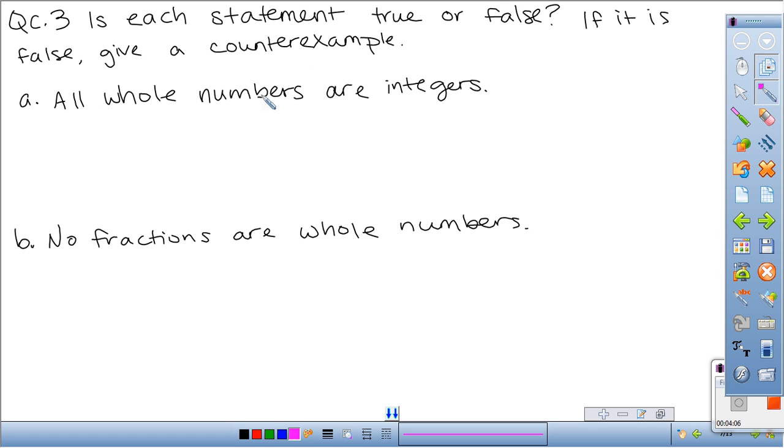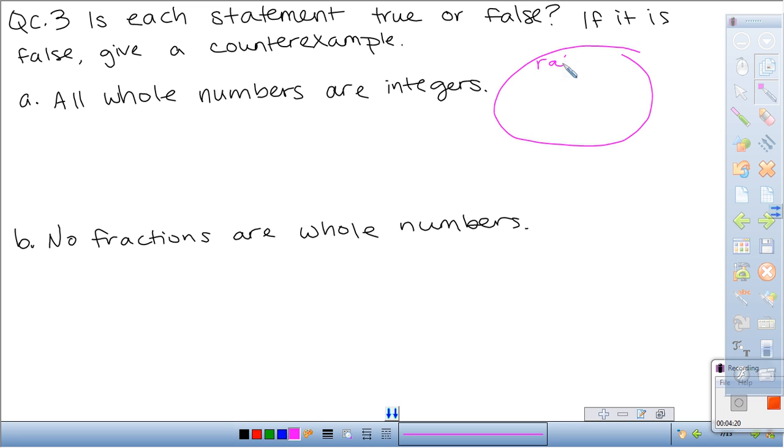All whole numbers are integers. So here you have to think back to your chart. Remember, it's rational, inside is integer, and then inside that is your whole numbers, and then inside that are your natural numbers. So are all whole numbers integers? Definitely. That's why whole numbers are inside of integers.